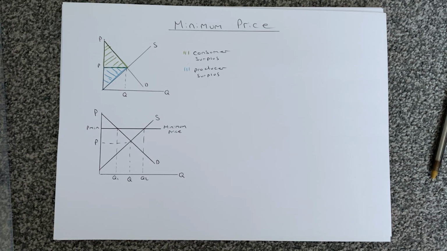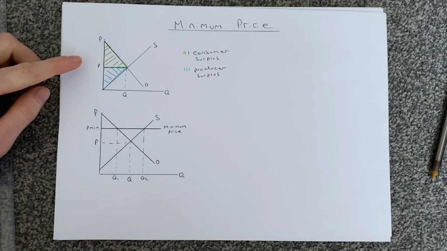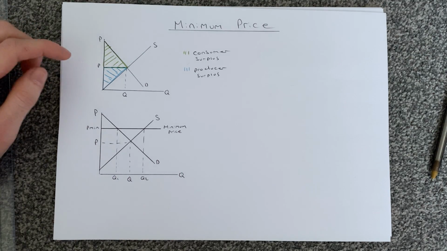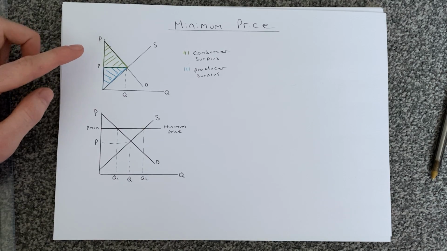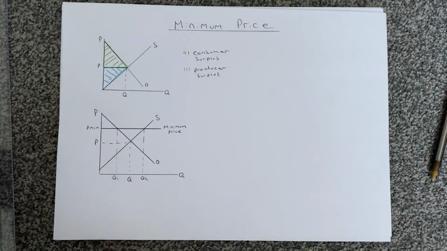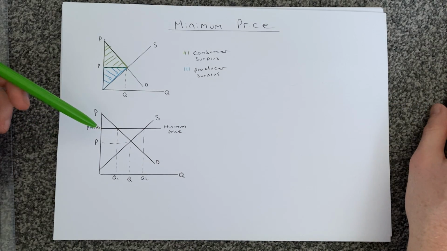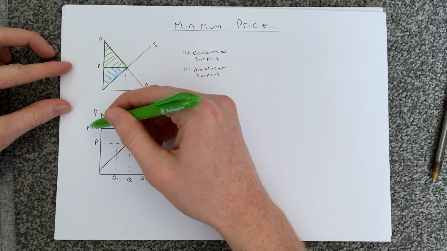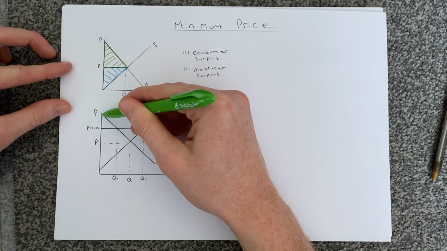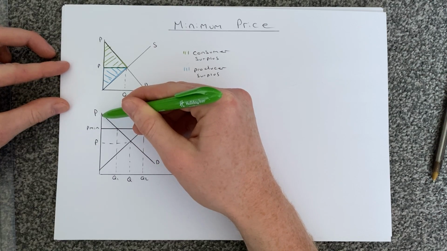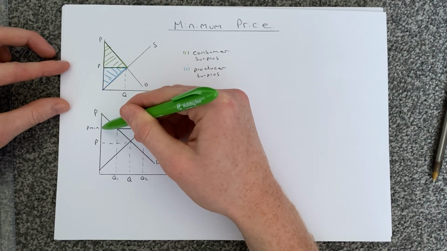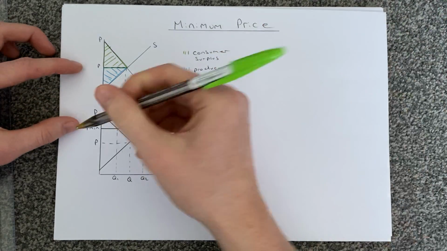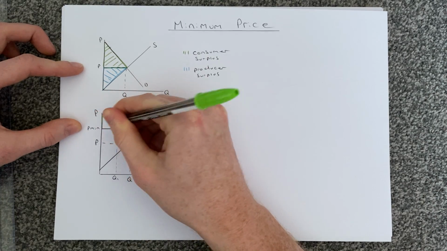So let's start off first of all with consumer surplus. So we said that consumer surplus obviously relates to the idea that there are a number of consumers who are willing and able to pay a greater price than the one that is charged in the market. So we can see here in our diagram that the consumer surplus has considerably decreased, because what we now see is that the price charged in the market is P min, and therefore the number of consumers who are willing and able to pay that higher price of P min has considerably decreased and is now this green triangle here.